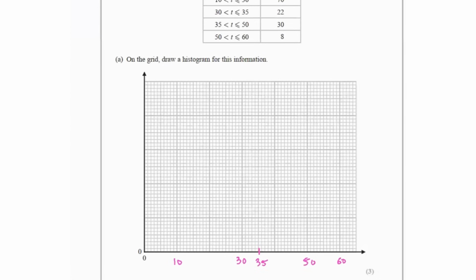Now for the y-axis, we can make a scale, as our biggest value is 4.4. So 1, 2, 3, 4. So 0 to 10, it's 2. So that's our bar for that. Then 10 to 30, it's 3.5. 30 to 35, it's 4.4.